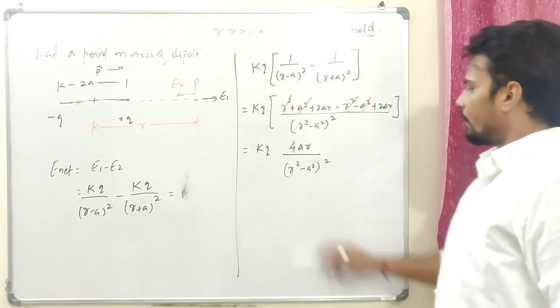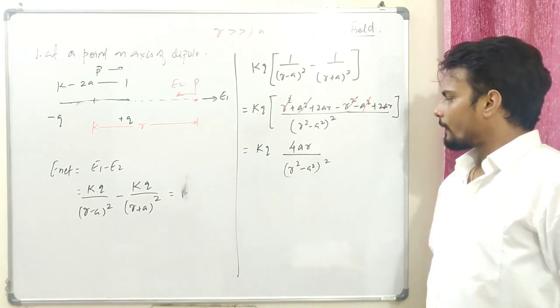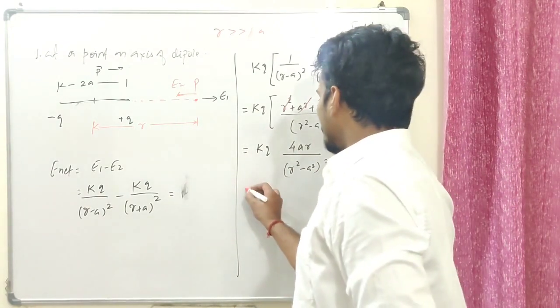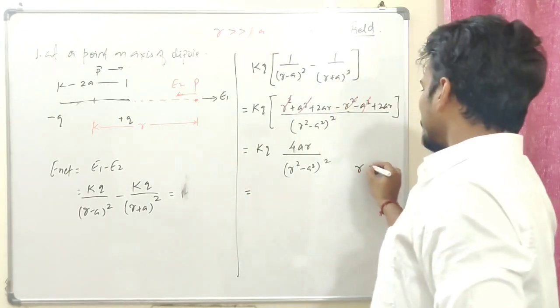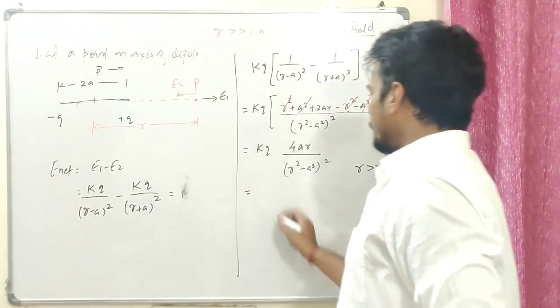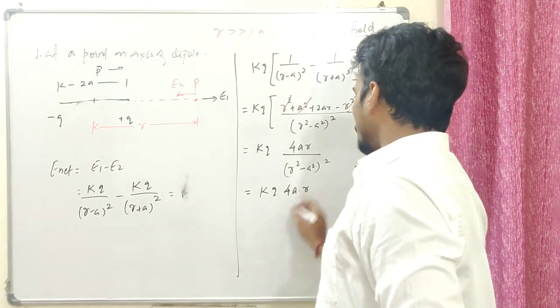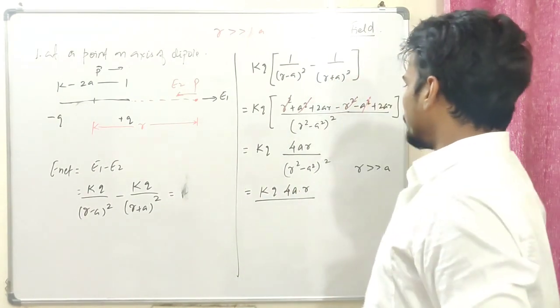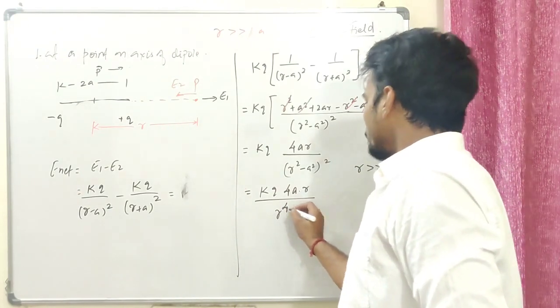So if I look at this part, r is quite greater than a. Assuming that, I'm writing here r is quite greater than a, it should be kQ times 4ar over r to the power of 4.